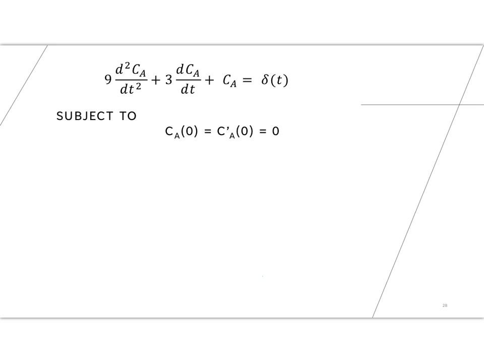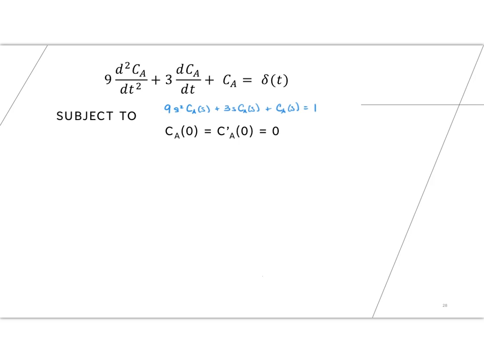So in this case, when I take the Laplace transforms, because these all have zero initial conditions, it's going to be 9s squared Ca of s plus 3s Ca of s plus Ca of s equals the Laplace transform of the impulse function, and that is 1.